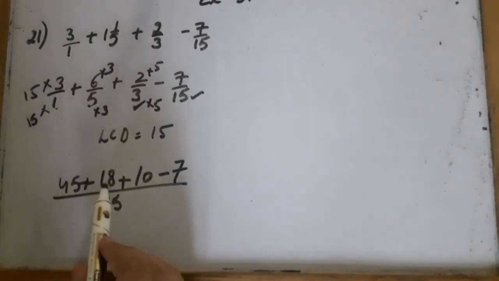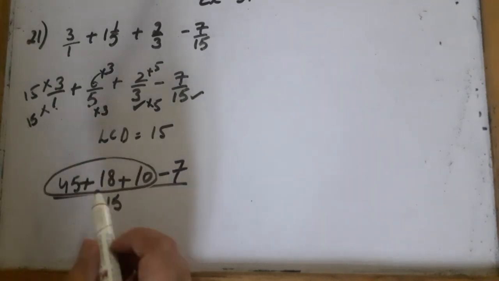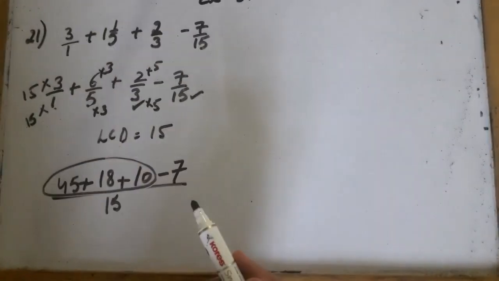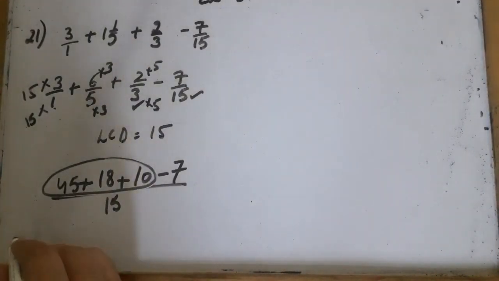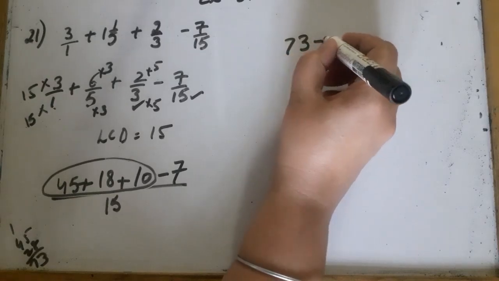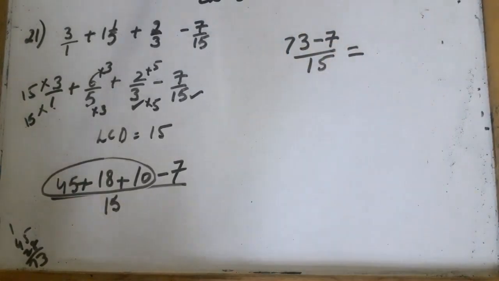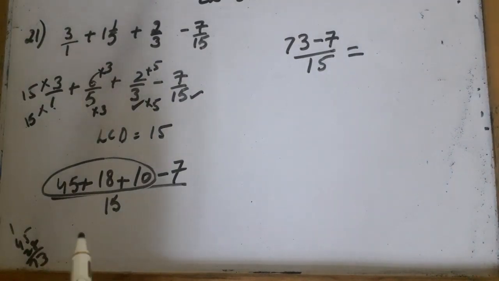So now you see that this is 45 plus 18 plus 10. So all these three you can add together. So 45 plus 18 plus 10 will become 73. 73 minus 7 upon 15. So let me check.